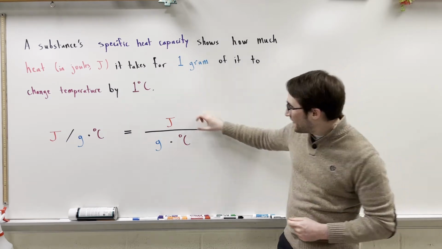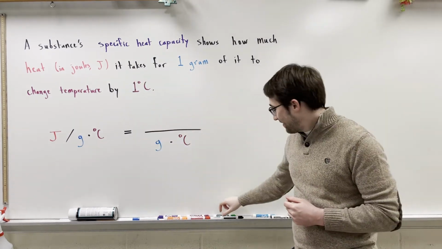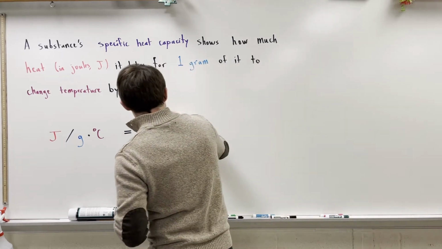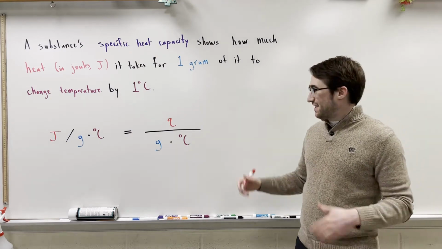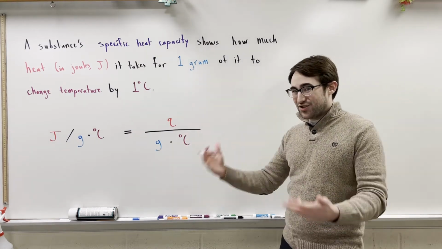So first up, for heat, the unit is joules. But the variable that we use to talk about heat is Q. Okay? Q represents heat, and it's measured in joules.